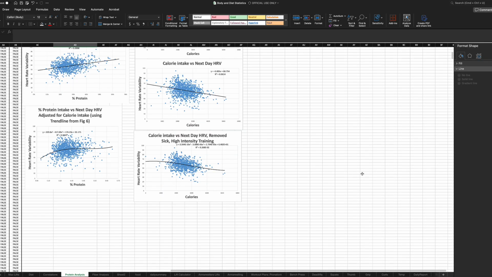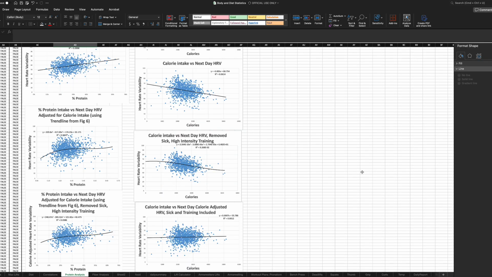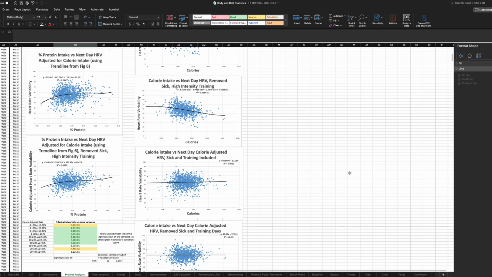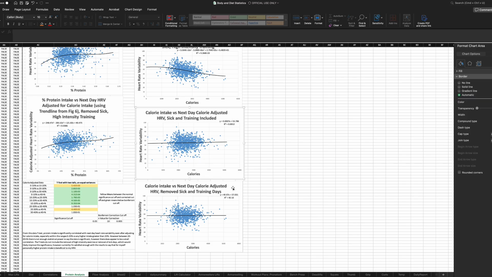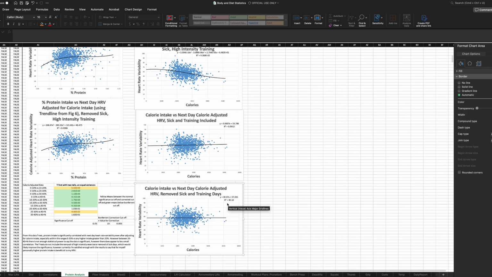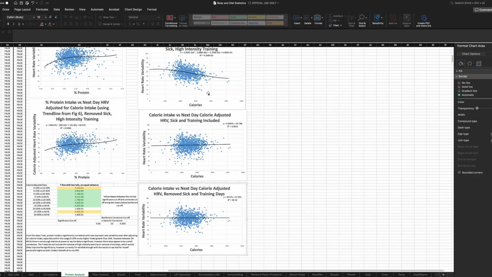So we can see that by doing this correction, now we've pretty much entirely removed the correlation between the heart rate variability and the calories. These graphs here are just showing that the correction has normalized the data and there's no correlation anymore between the adjusted heart rate variability and the calories.